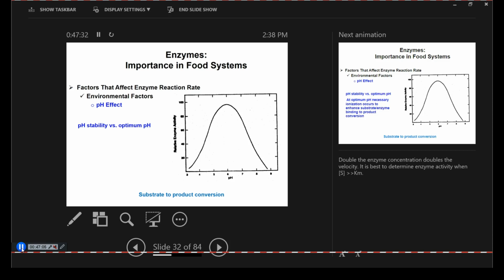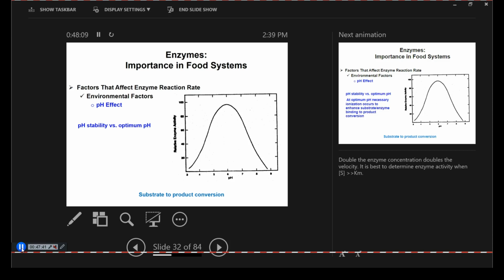So again, you have an optimum for each enzyme, and the optimum for that enzyme is based on what's the best ionization state for that enzyme to bind to a substrate. So depending on the substrate, depending on the enzyme, that optimum can vary. Okay? But when you deviate from the optimum, you change the ionization state of that enzyme in a way that it's not very desirable for binding to the substrate.